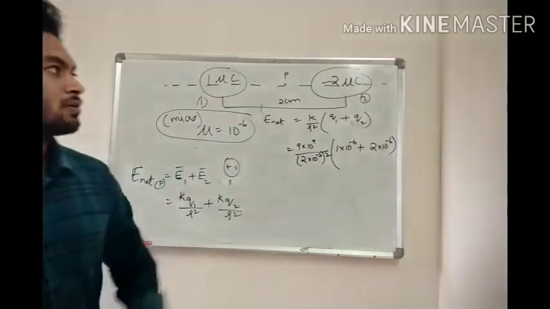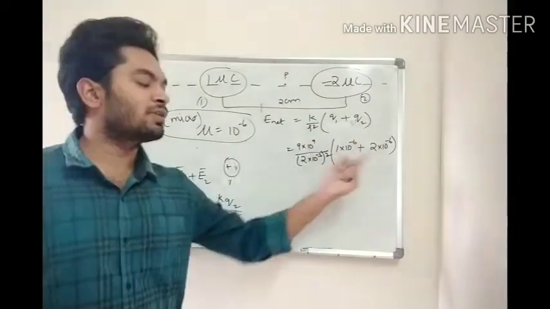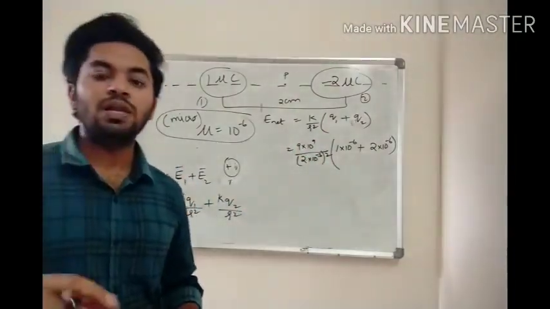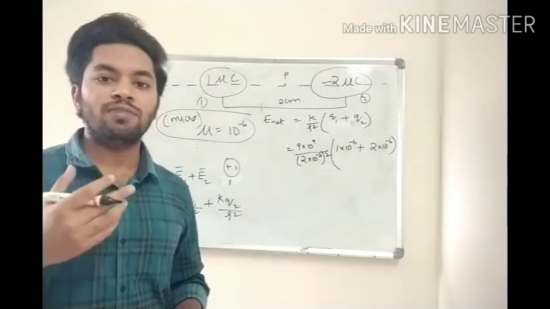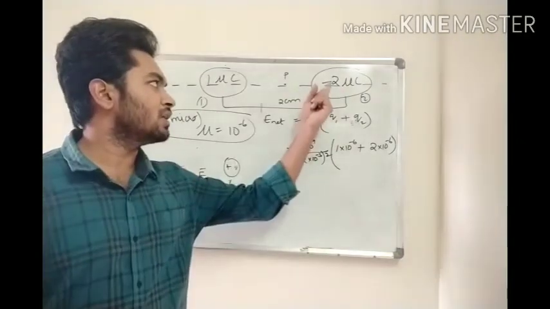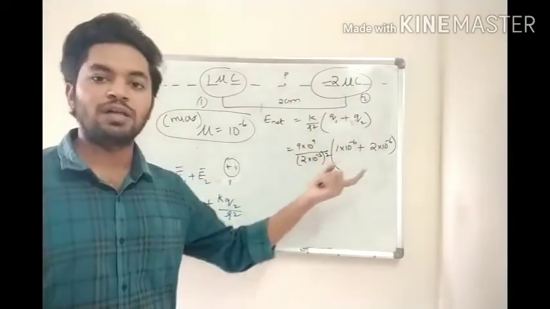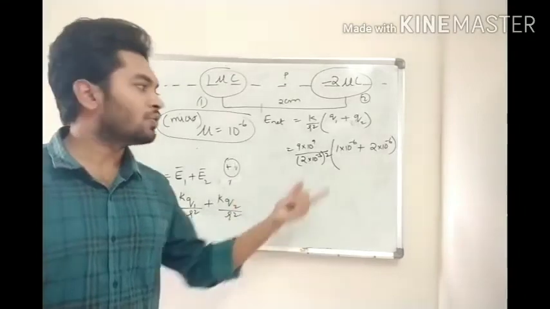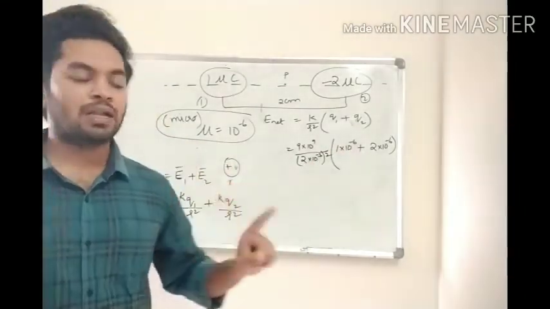So you may have a doubt, sir, you have taken negative, why did you take positive? That is what I have told. Only while solving vectors you are going to consider the positive or negative. While solving like this, generally you need not take the symbol. Clear?